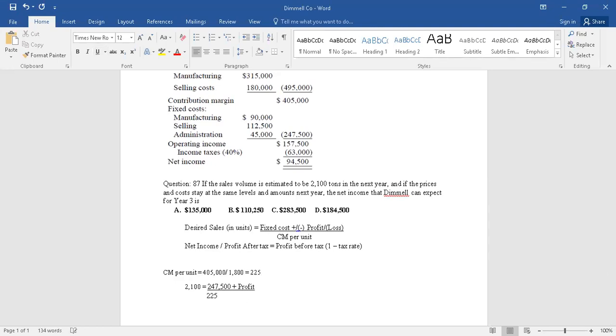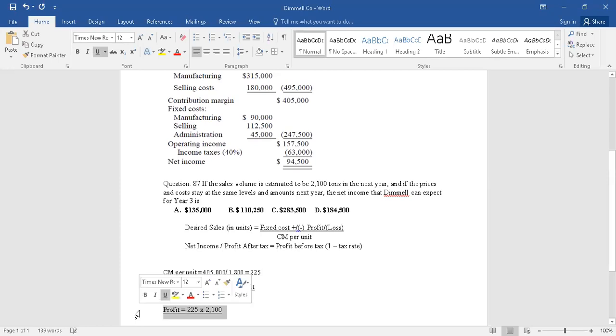So put 225 here, and then we would get the profit. Profit is equal to 225, which goes to the other side and becomes 2,100, minus 247,500, which also goes to the other side and becomes minus. So now we have the profit.